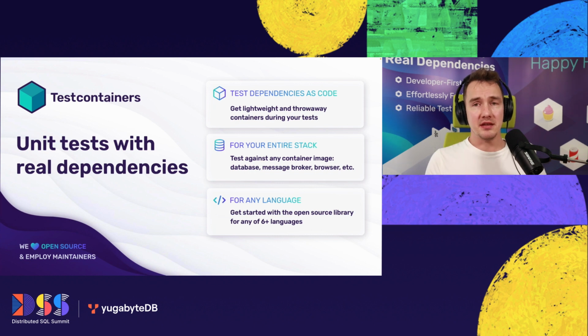You can run anything that runs in a Docker container with Testcontainers. You can run your databases, your message brokers, your Kafka, your Elasticsearch cluster, you can run even the browsers if you want to run end-to-end UI tests in your applications. And as I said before, the implementations of Testcontainers libraries are available in different languages.